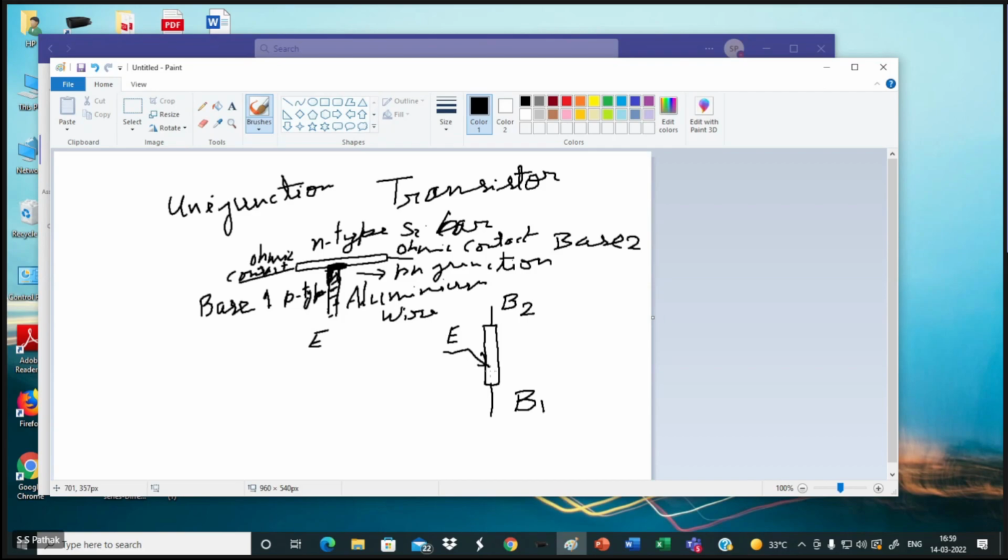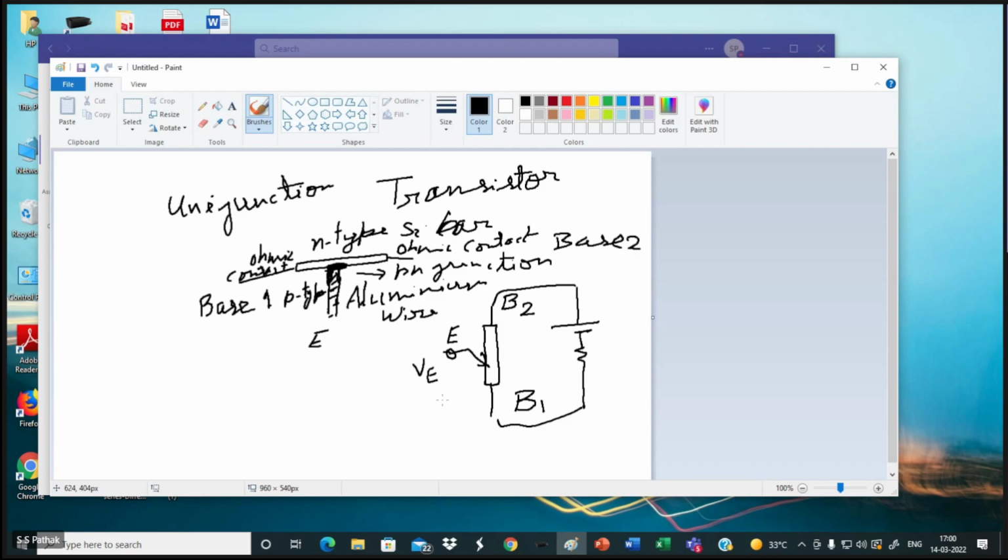It will pass through this base B1, and here there will be a supply voltage. There has to be a voltage here. I call that voltage my VE. So VE will be given as a bias, as a trigger, whatever name you give.